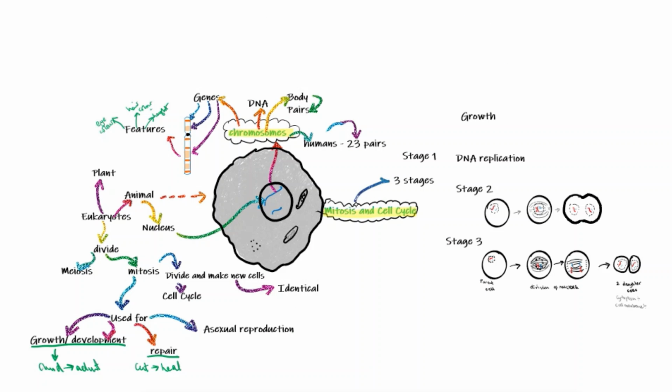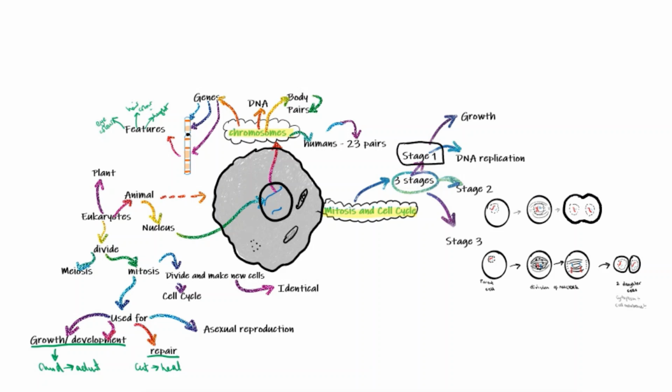Mitosis in the cell cycle, there are 3 stages. Stage 1 is to do with growth and DNA replication. Stage 2 is to do with division of the nucleus, and stage 3 is to do with complete division of the cells. Let's look at stage 1 to start off with.